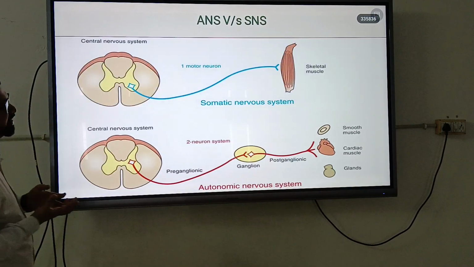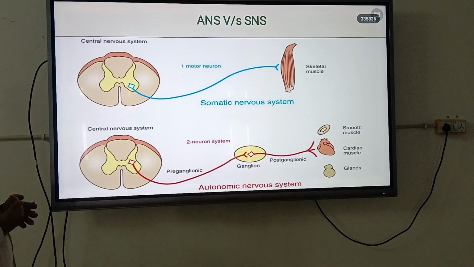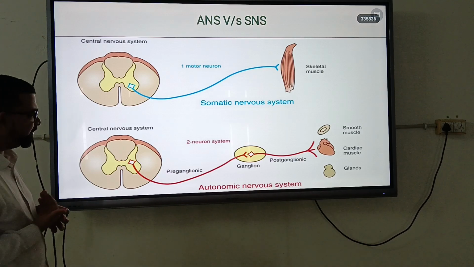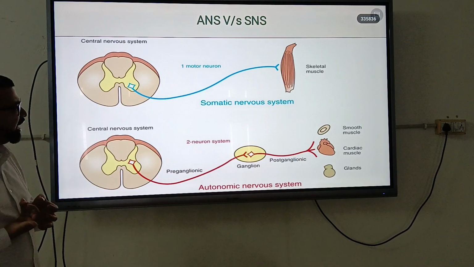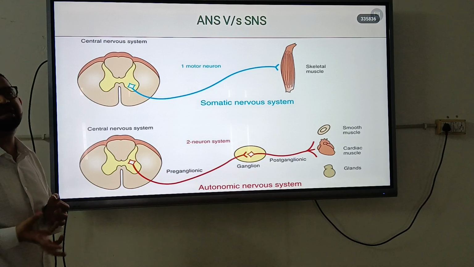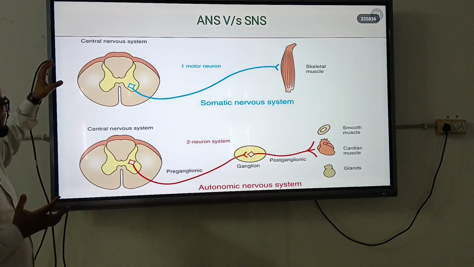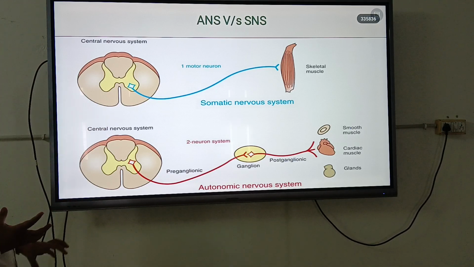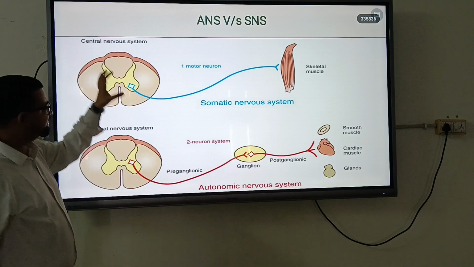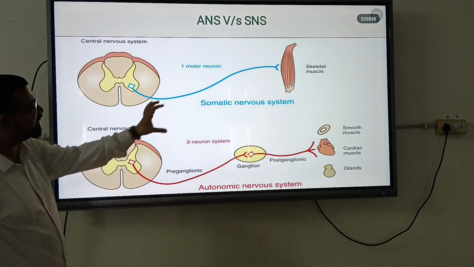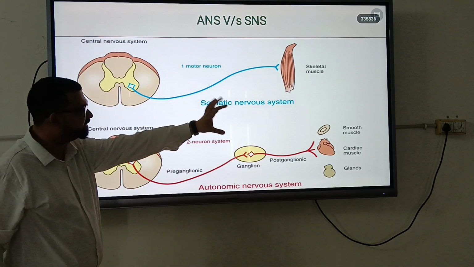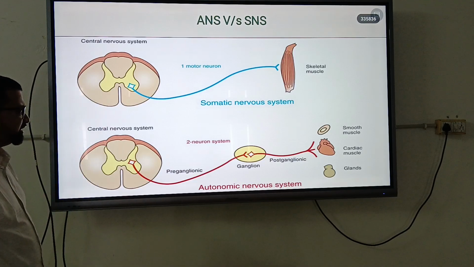This is a comparison between the autonomic nervous system and the somatic nervous system. The somatic nervous system is related to skeletal muscle, so the flow of impulse from the central nervous system is quite simple: the signal is generated, and the motor neuron carries it to the skeletal muscle.